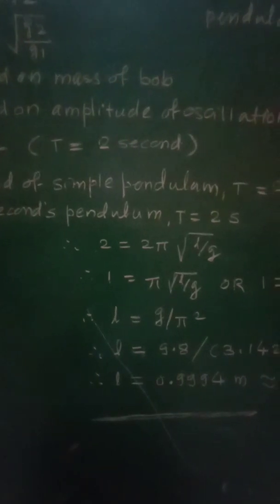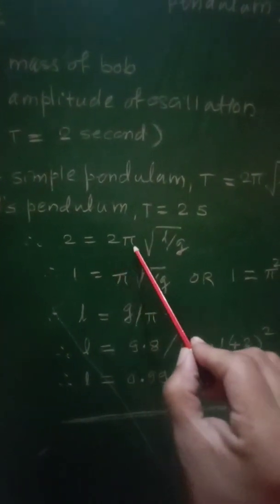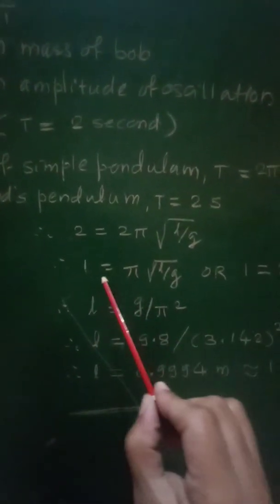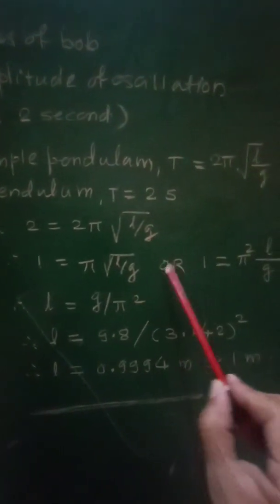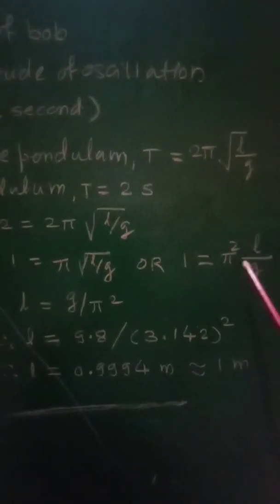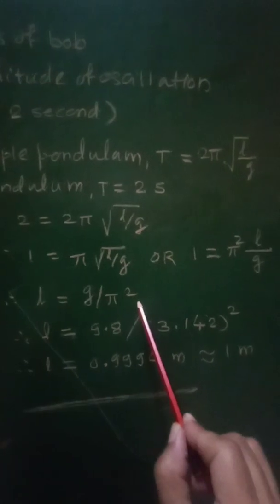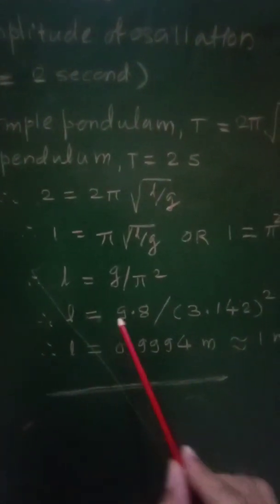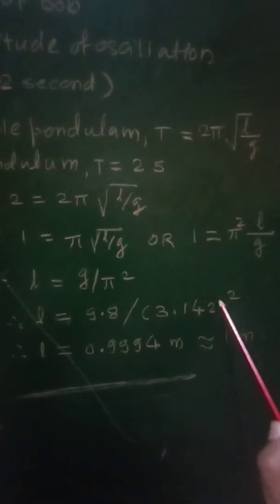As T equals 2 seconds, putting this value in this relation, we get 2 equals 2 pi square root of L by g. Therefore 2 will get cancelled, and 1 equals pi into square root of L by g. Squaring this, we get 1 equals pi square L by g. Therefore L equals g by pi square, and so L equals 9.8 divided by 3.142 square.